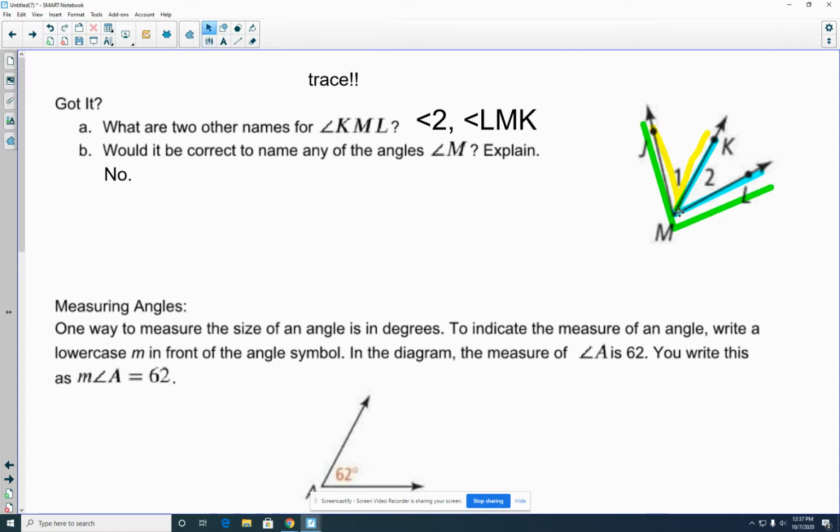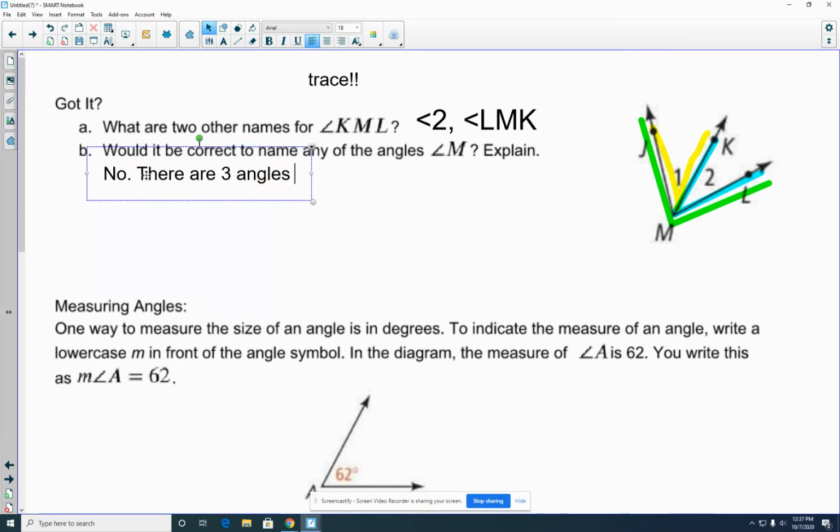The problem is, if I say angle M, there are 3 angles with the vertex M. So no, it's not appropriate to say angle M. If there's more than one angle with the same vertex, you cannot use the vertex to name the angle. So your answer is no, and the reason is there are 3 angles with vertex M.